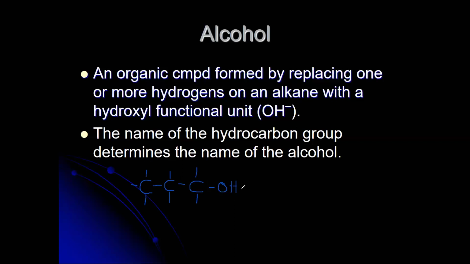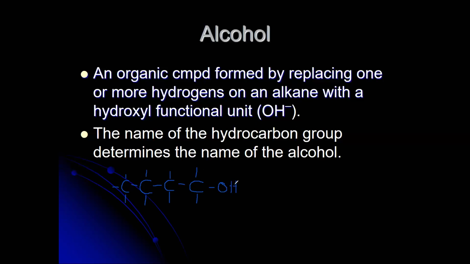But this is propanol, related to isopropanol. Okay, so you put 4 carbons, you've got butanol. And again, where you put the alcohol, you can have 1-butanol, 2-butanol. You can't have 3 because if it's here, it's 2 as well.